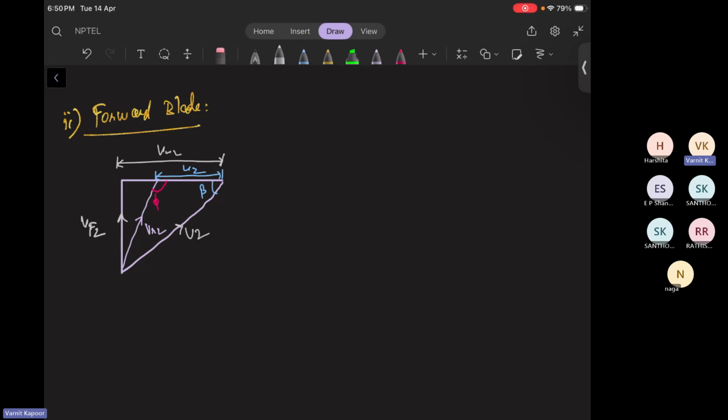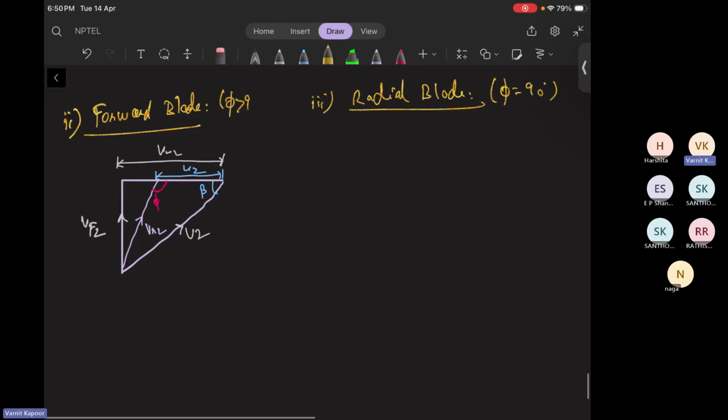Okay, at the outlet. Whereas your radial blade, the third category, will have your phi equal to 90 degrees. Here phi was greater than 90. The radial blade will look something like this. So this is your absolute velocity V2.